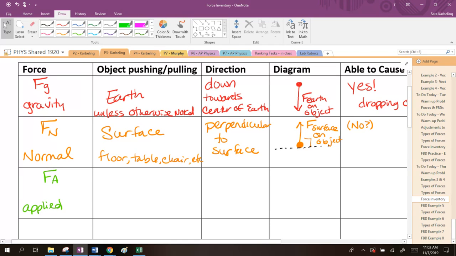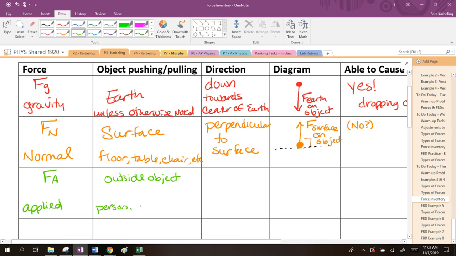Okay. This one's a little bit of a catch-all for things that don't fit into another category. So it's not a surface. It's not a gravitational force. It's something else that may be pushing, okay? So it's going to be some sort of object. It could be a person.